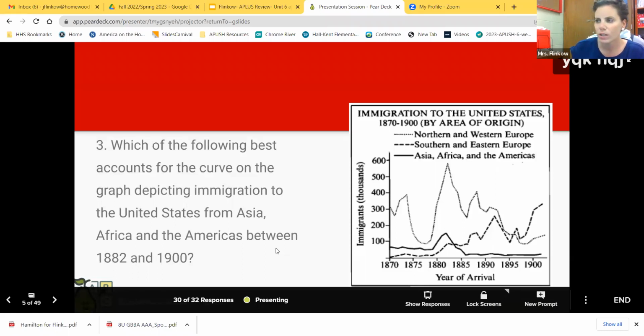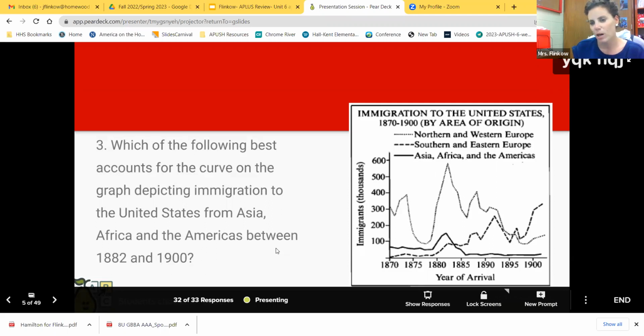All right, so looking at this question we have some answers a little more across the board, but for the most part, predominantly you guys answered B, and that is correct, restrictive congressional legislation. So if you look at the graph, you can see that around 1882 is the highest spike in immigration.